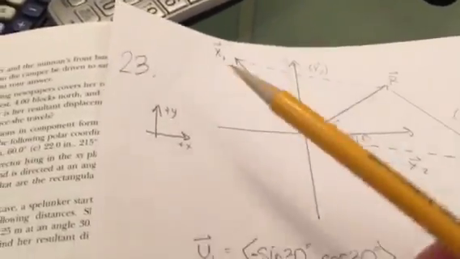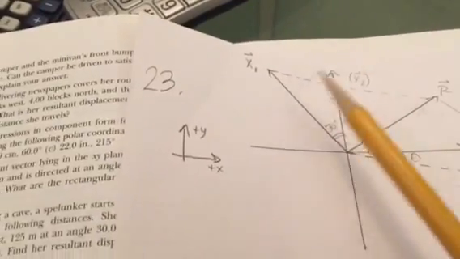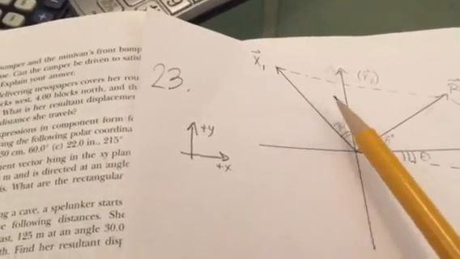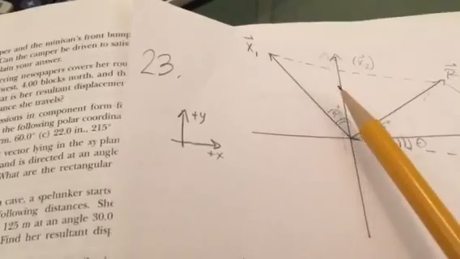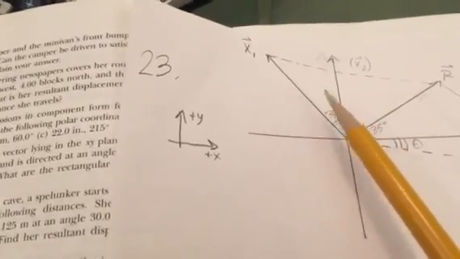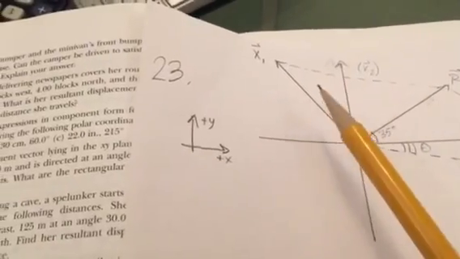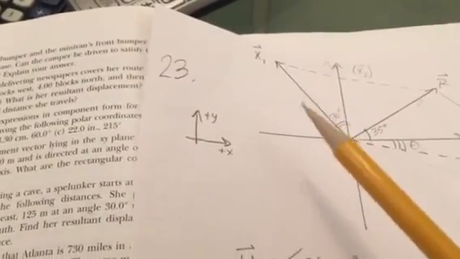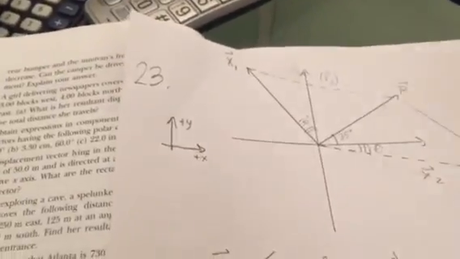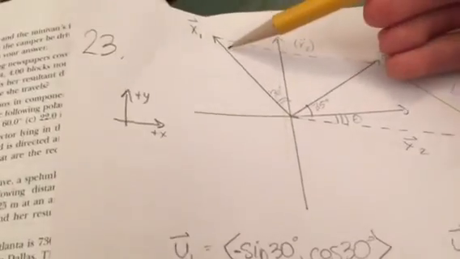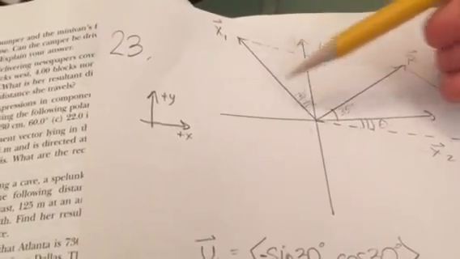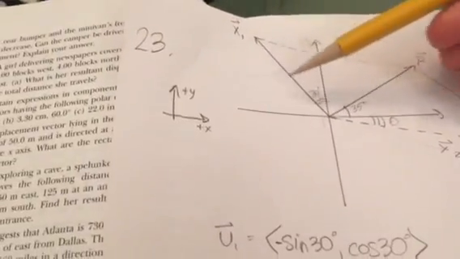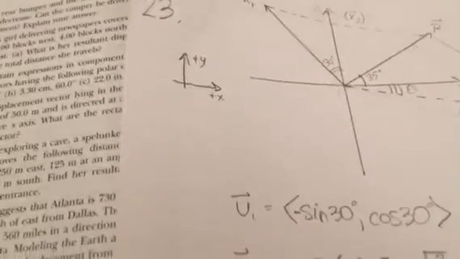The sine 30 degrees comes from, if you can see it right here, there's an imaginary triangle perpendicular to the y-axis. Sine 30 degrees would be the x component of this first position vector. Another way you can look at it is if you just drew a line down here and then using trigonometry again, it would work.